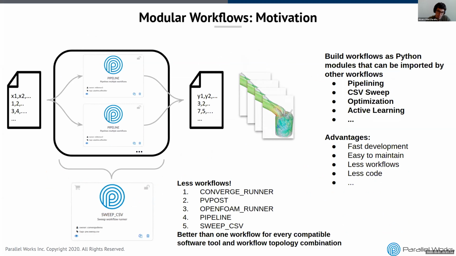And then you can pass this pipeline workflow to a sweep CSV workflow that executes many pipelines in parallel. So the solution then is building workflows as Python modules that can be imported by other workflows. And in the rest of this section, I will talk about how to actually do this.